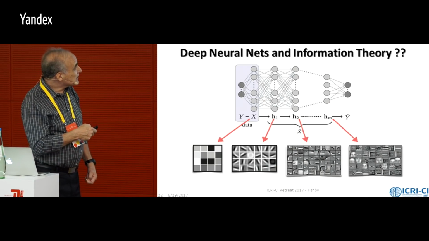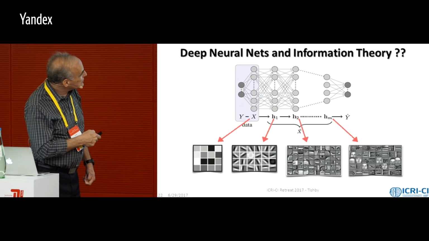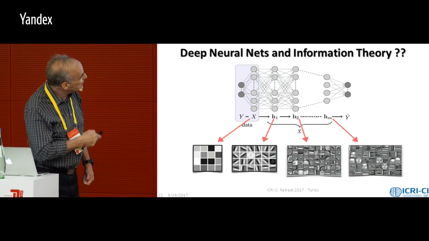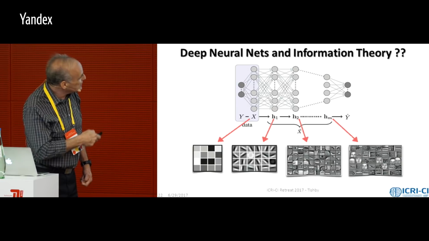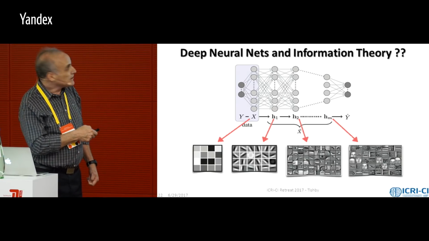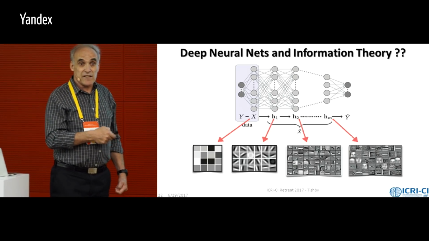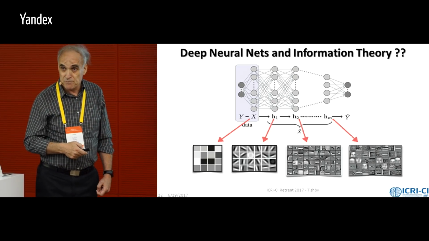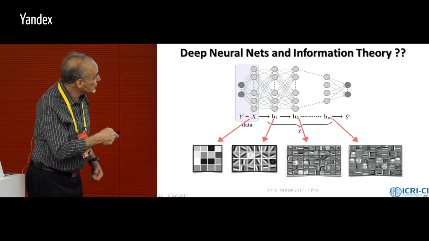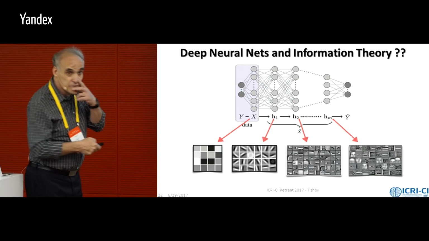And then what the network is doing is essentially moving it through a cascade of hidden layers. This is the first hidden layer, the second hidden layer, and so on, in a way which is actually a Markov chain. Each layer can be calculated only from the previous one. So this is a Markov chain of successive representations.